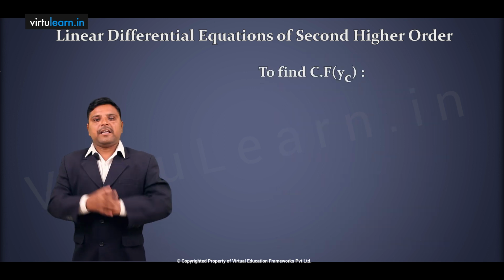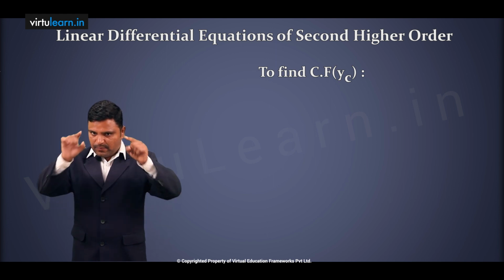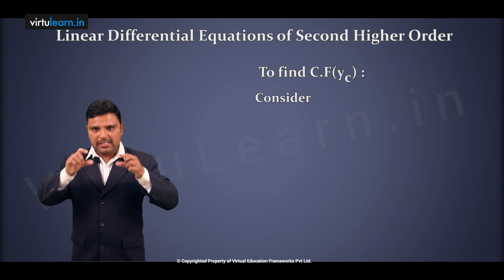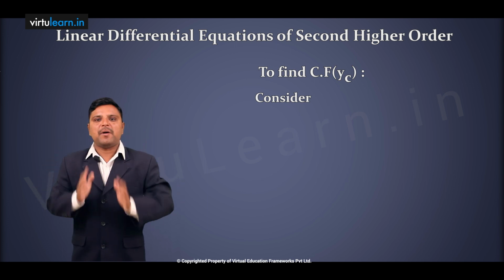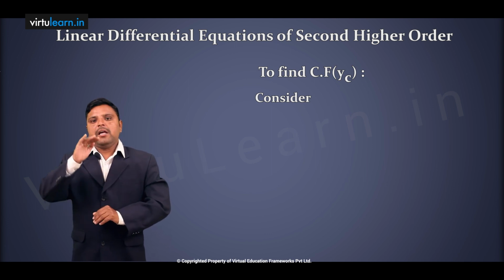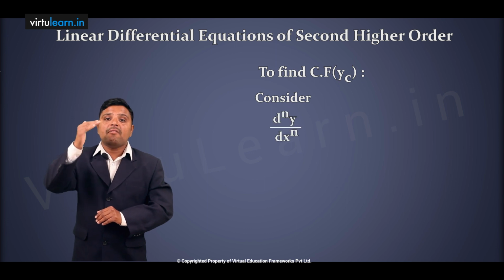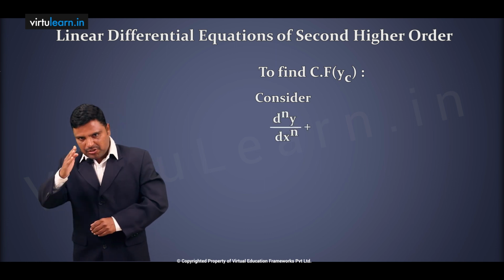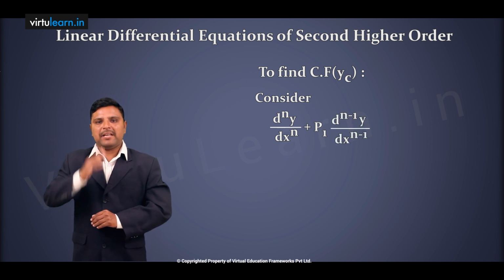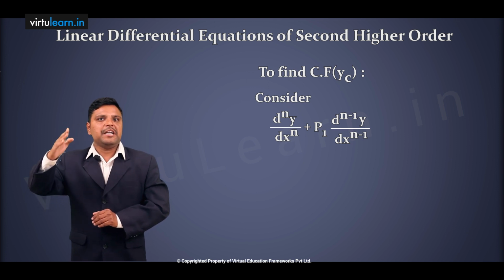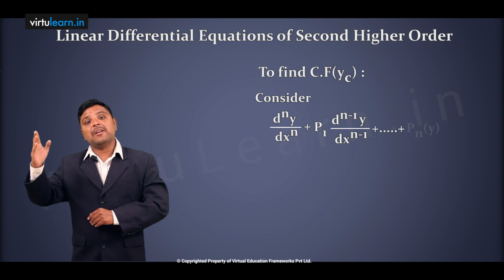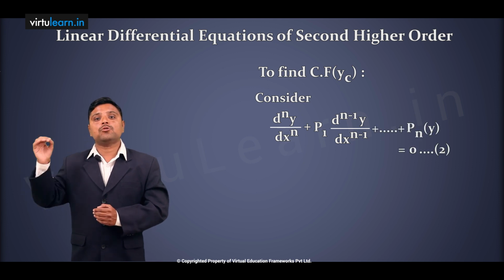Now, for calculating the complementary function, you consider a modified differential equation. The same differential equation, but we take half the part: d^n y/dx^n + p1 d^(n-1) y/dx^(n-1) + p2 d^(n-2) y/dx^(n-2) + and so on pn y = 0.